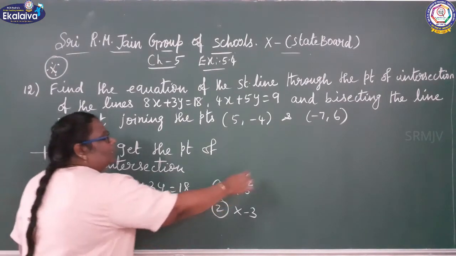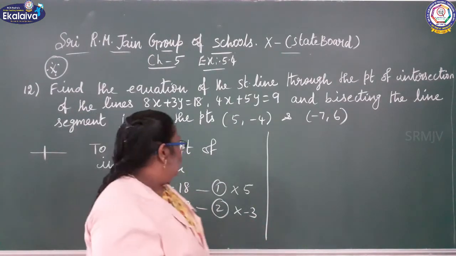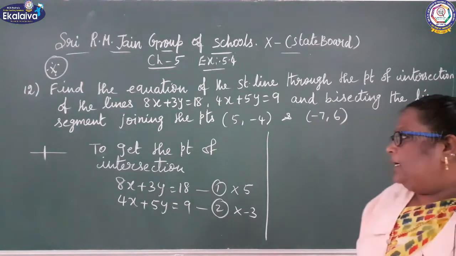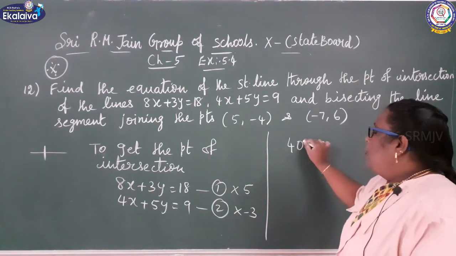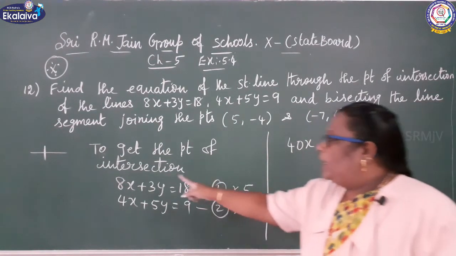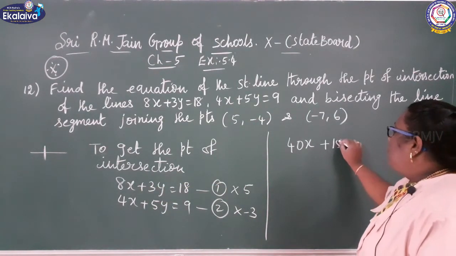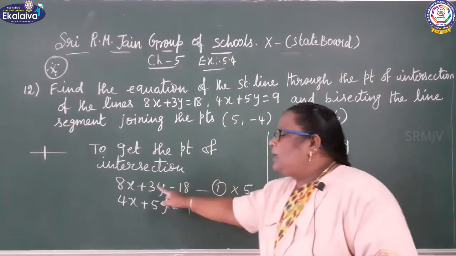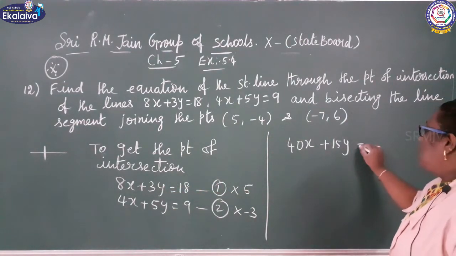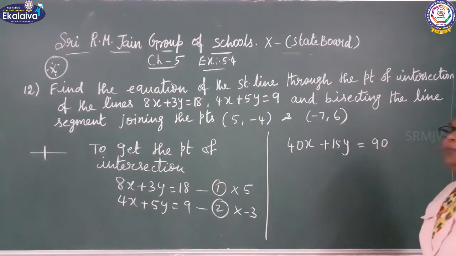So, see here, 5 into 8 is 40x plus 15y equal to 90. 5 3s are 15y, 18 5s are 90.